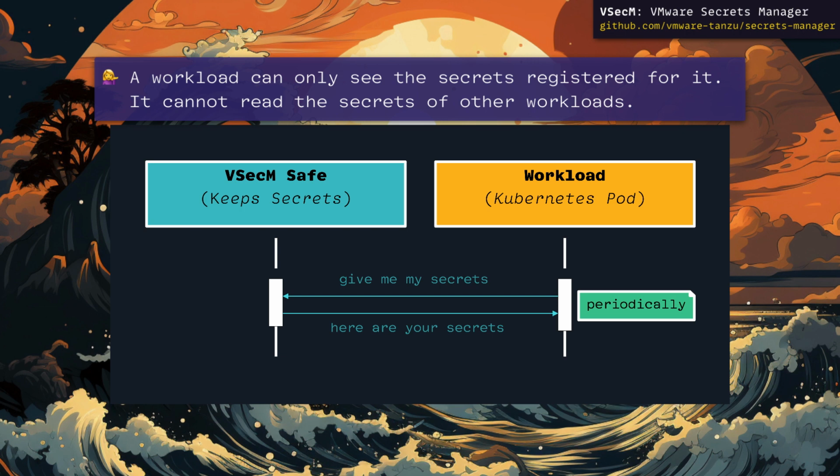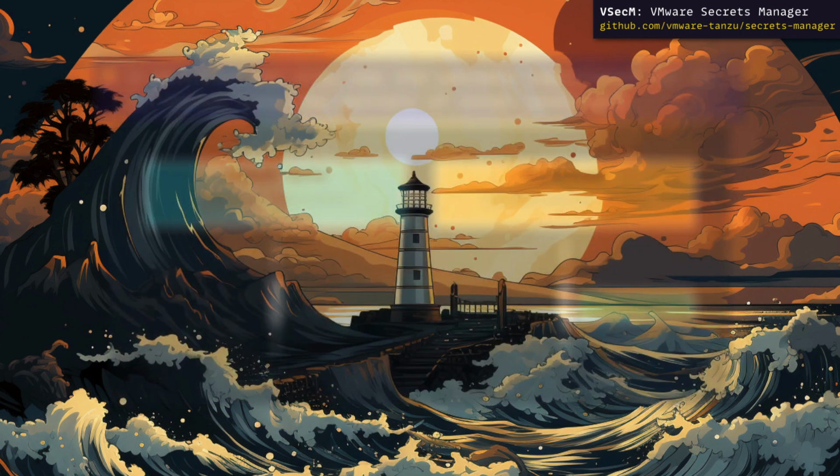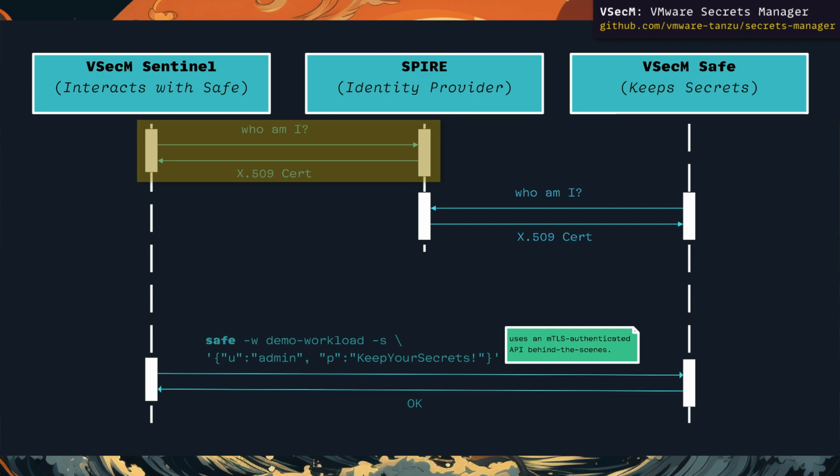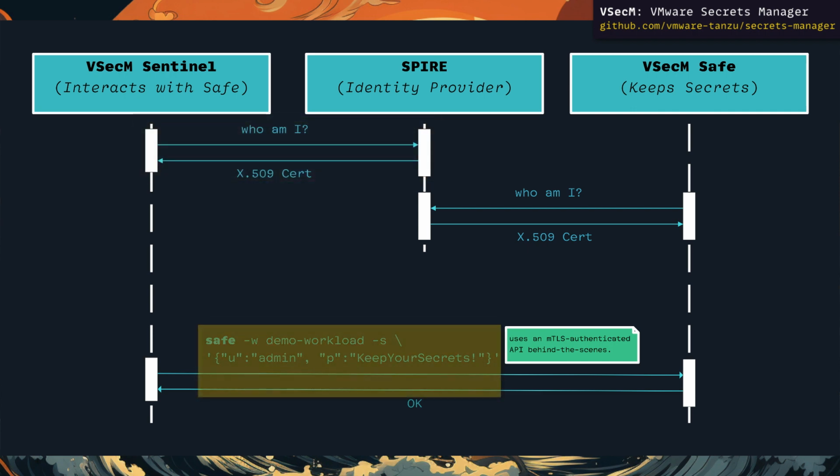Another similar key exchange happens between VSecM components too. For example, VSecM Sentinel fetches its own X509 cert after being attested, so that we can make sure that certain VSecM Safe APIs can only be called from VSecM Sentinel. As an example, you can only register secrets to workloads through VSecM Sentinel.